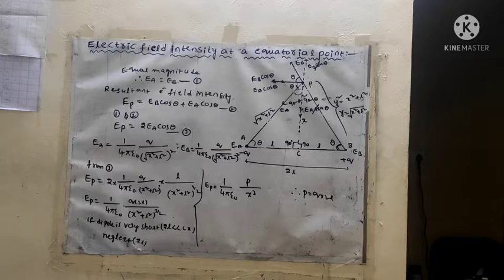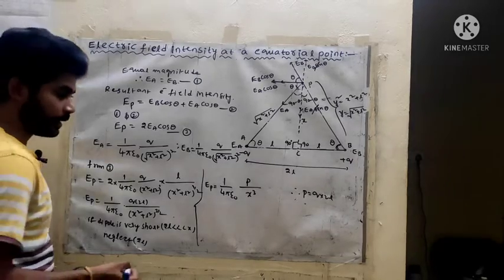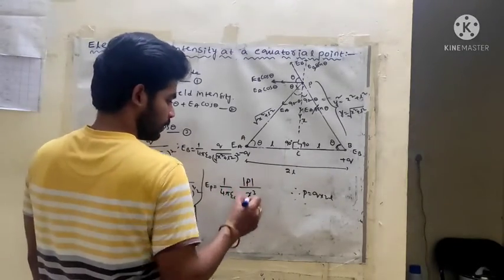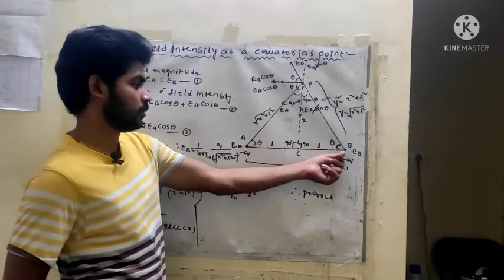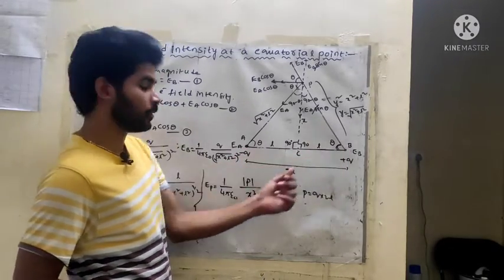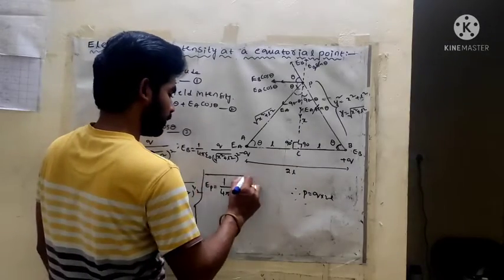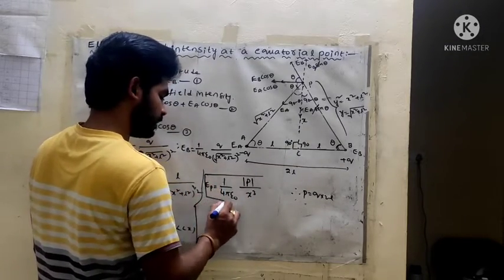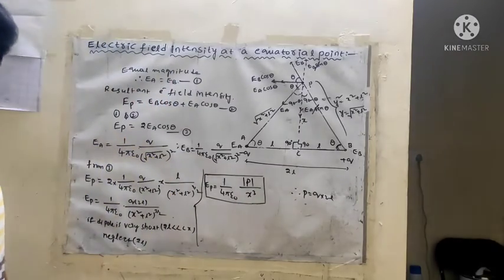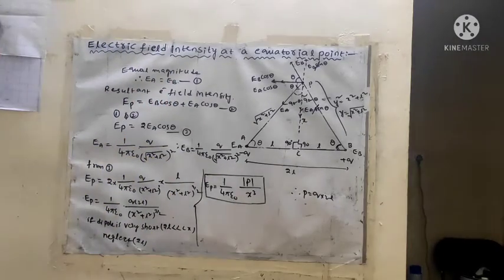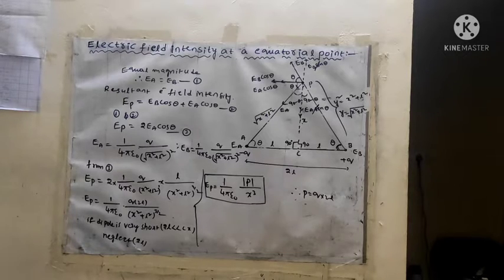Okay, actually this is the magnitude, because here it means minus P, at B point plus P we get. So this is the electric field intensity at P point on the equatorial line. Okay, this is the formula. So take a screenshot, we will discuss the next one at any point.